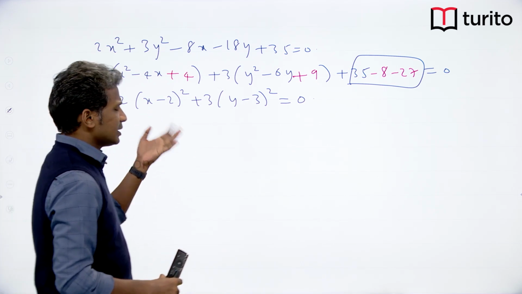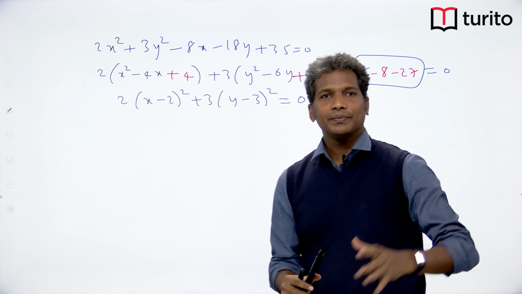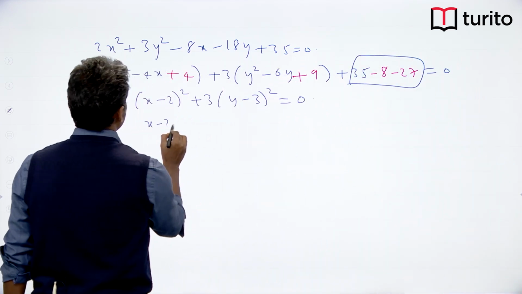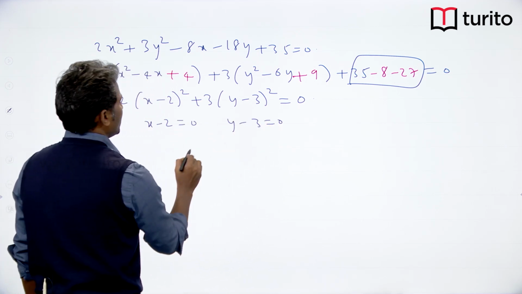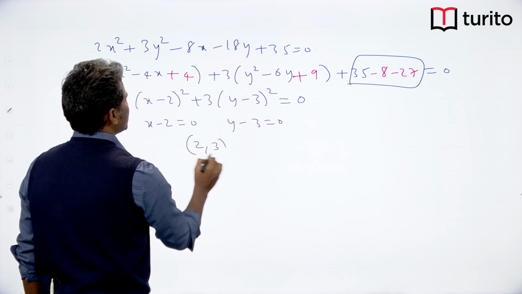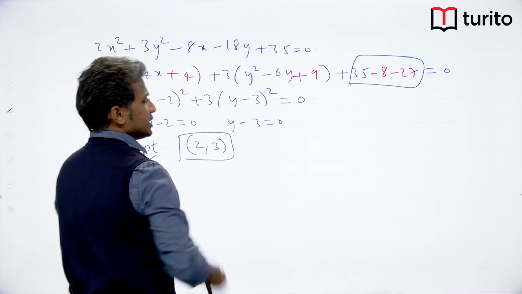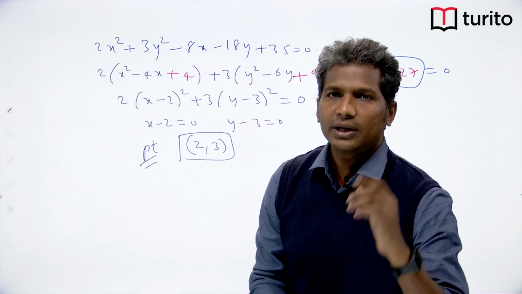So, when we simplify this, we got sum of two perfect squares equal to 0. Now, this is possible only when both squares are equal to 0. So, that means basically we are getting a point which is 2, 3. So, this equation does not represent an ellipse, it represents a point.